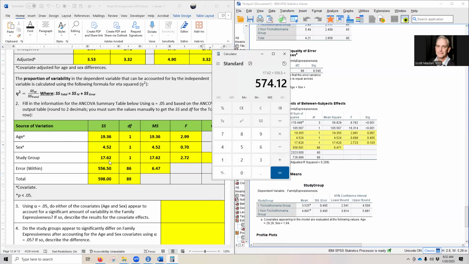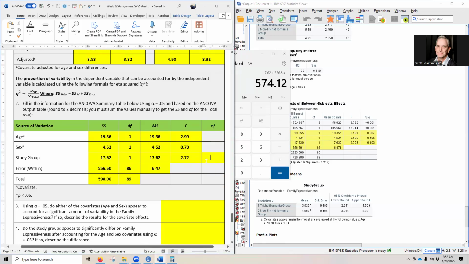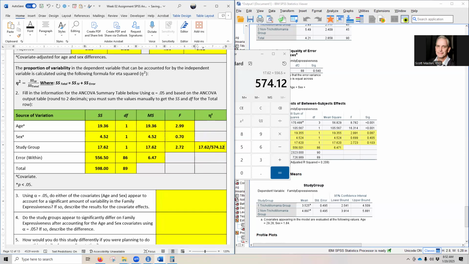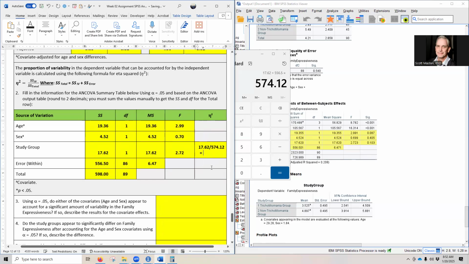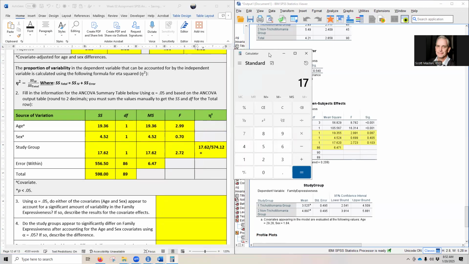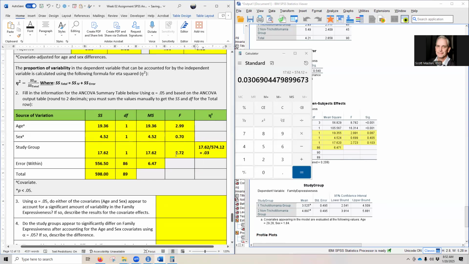So I need 17.62 divided by 574.12. I get 0.03. Eta squared is 0.03.